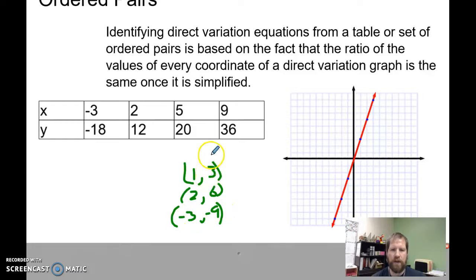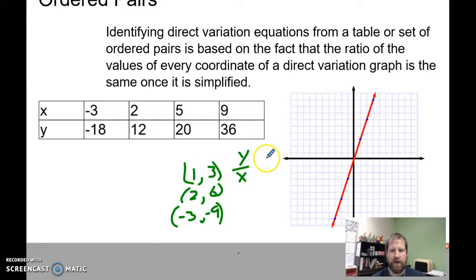When I put it into basically my slope form, y over x, if you remember from your slope formula, that's the change in y over the change in x. But with direct variation, you don't even have to look at the change. All you have to look at is one of your y values with one of your x values for the same coordinate.